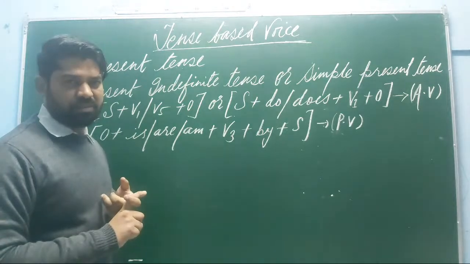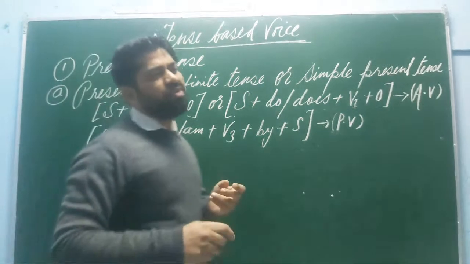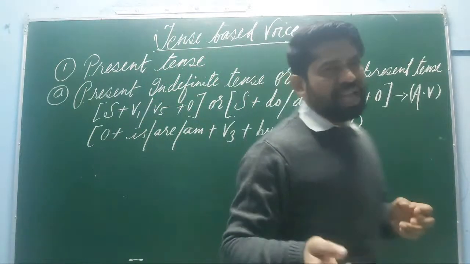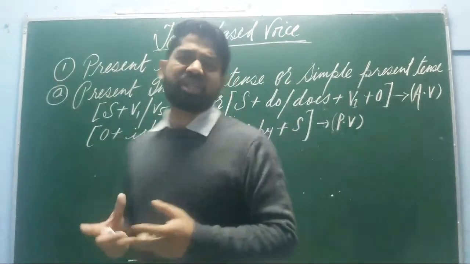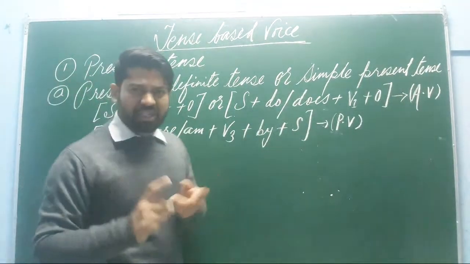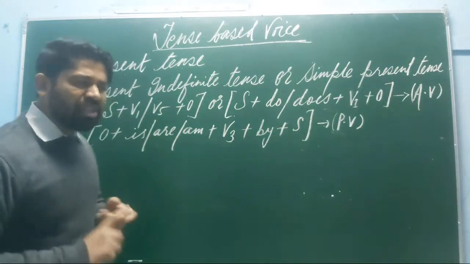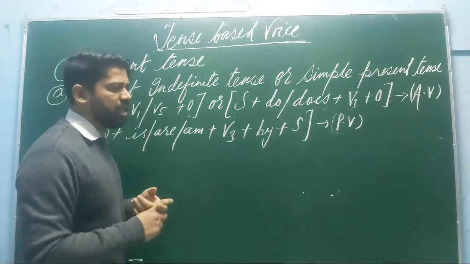So I think 12 different forms named along with the structure must be in your mind, so that ahead there will be no problem when you move ahead to class 9 and class 10. There is much more discussion related to the tense, and there you will face one of the major problems while framing sentences: where to use do, where to use does, and where to use did.